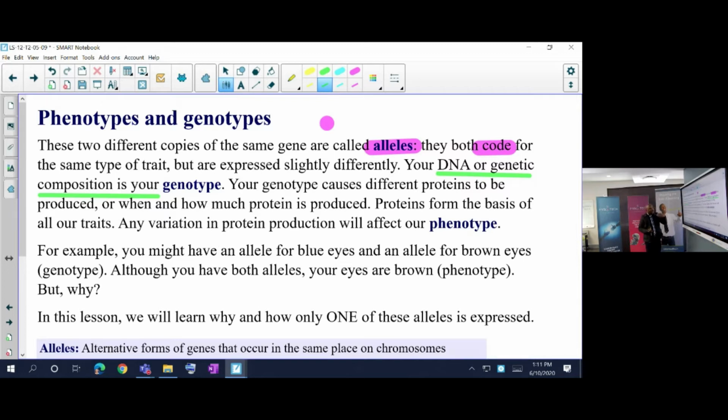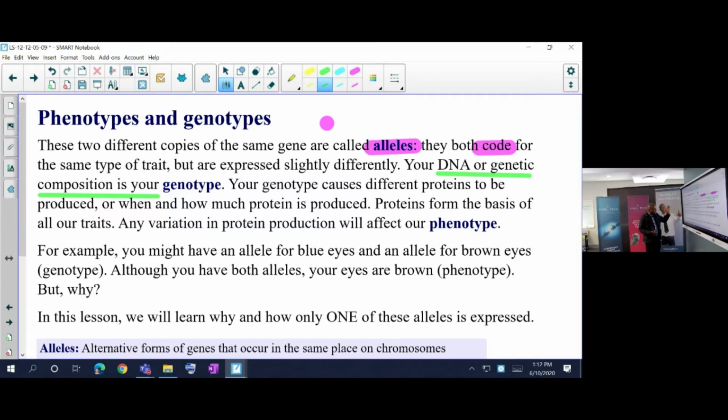Your genotype causes proteins to be produced, and determines when and how much of that particular protein is produced. Remember, I said you should revisit your protein synthesis if you've forgotten, so that we are on the same wagon. Proteins form the basis of our traits. Whatever we are is determined by the type of protein that would have been produced.